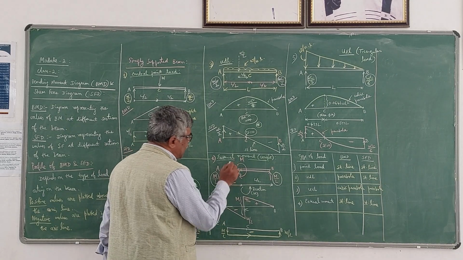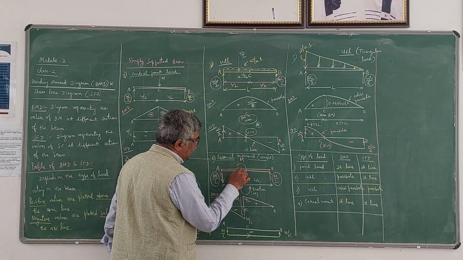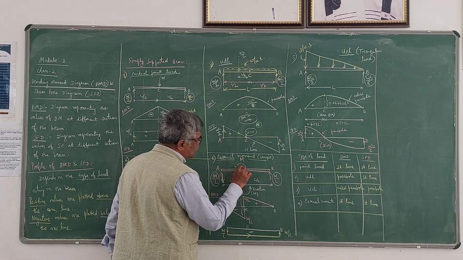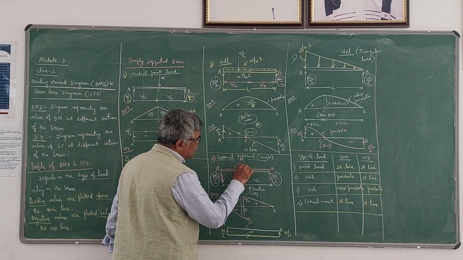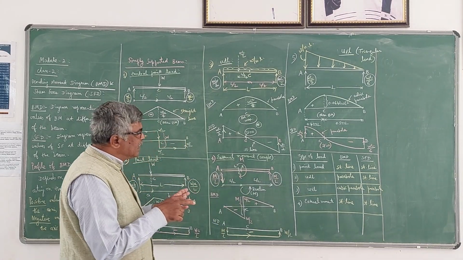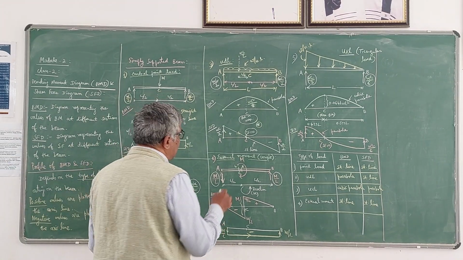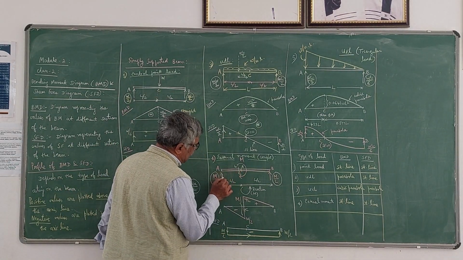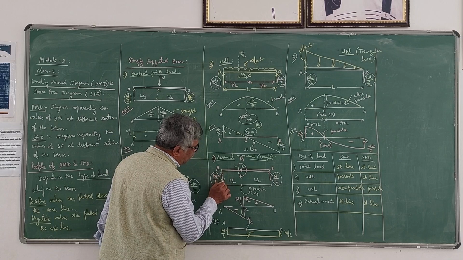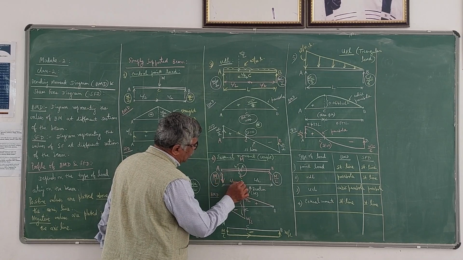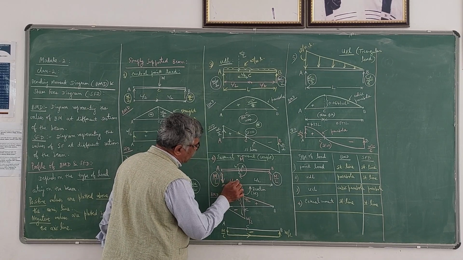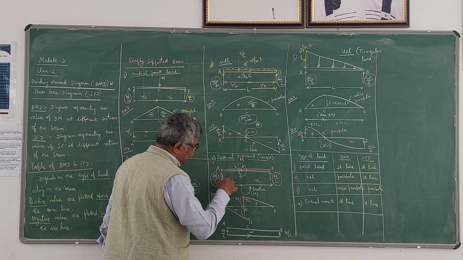Now when you come to C, there are 2 points I have to take, one just to the left side and another just to the right side of C. When a moment is acting, you will have 2 values of bending moment at that point. If you take the left side of C, you get M by L into L by 2, which will be negative because it is downwards.